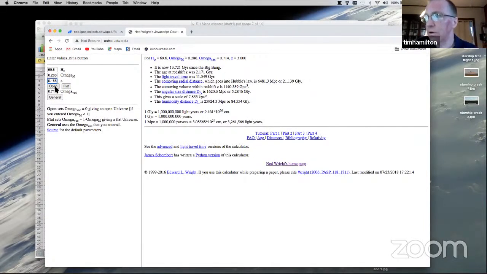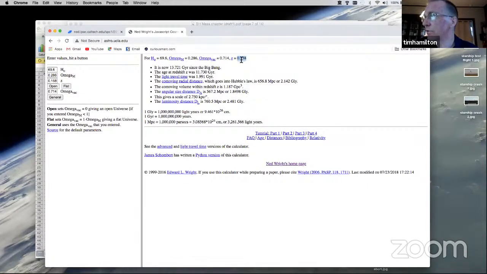Now don't hit enter. You've got to say, is it an open universe, a flat universe? Just hit general, because he's already set the densities of these here. I can't go into the cosmology, unfortunately, but just hit general, which, by the way, is set to flat. That means the density of the vacuum energy plus matter adds up to 1. You hit general, and this frame on the right reloads.